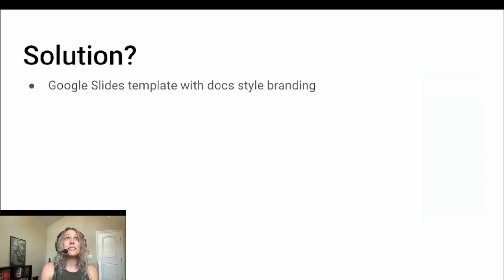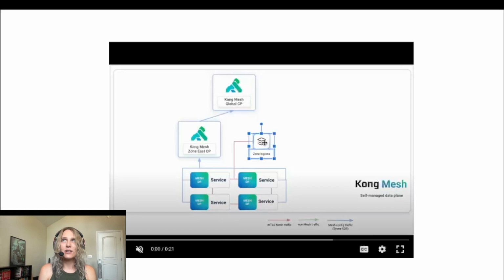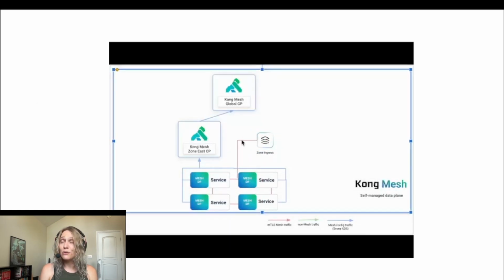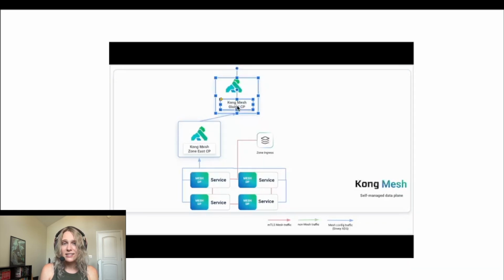So marketing gave us a solution. Google Slides. Yeah. They gave us a template with branding elements that we could pick and choose from, copy, paste, move around, etc. If you've ever worked on diagrams in Google Slides before, you know how finicky and messy this whole process is. It would take us ages just to get one diagram to align.